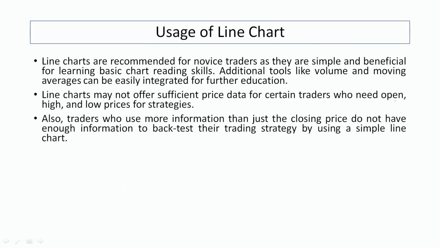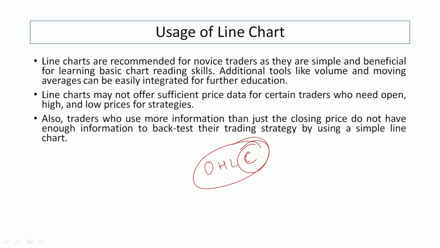Line charts may not offer sufficient price data for certain traders who need the open, high, low, close prices. In the case of a line chart, we are just focusing on the closing prices. So it is quite simple to understand. For amateur investors, this is a perfect chart.